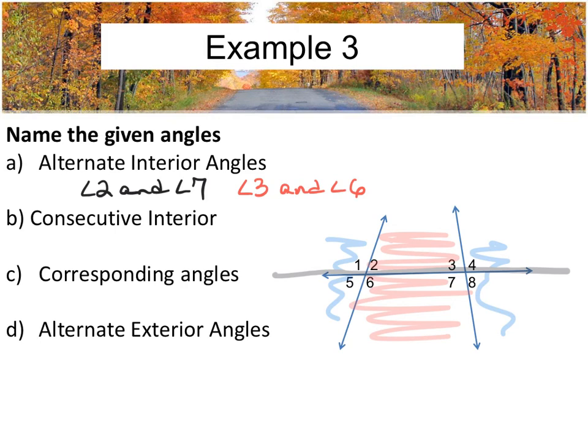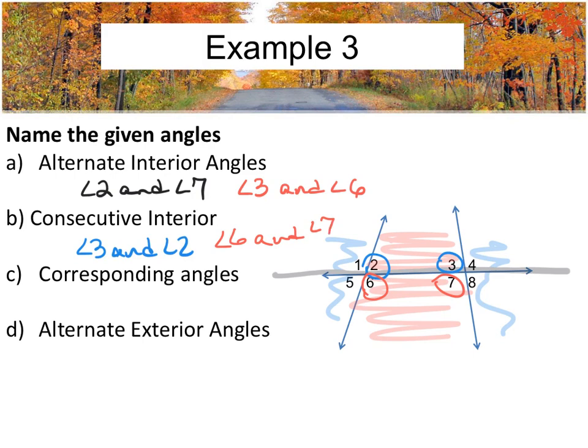Now we're going to look for consecutive interior. Remember, those are on the same side of the transversal. So that would be angles 2 and 3 together. And also angles 6 and 7. Same side of the transversal on the inside.